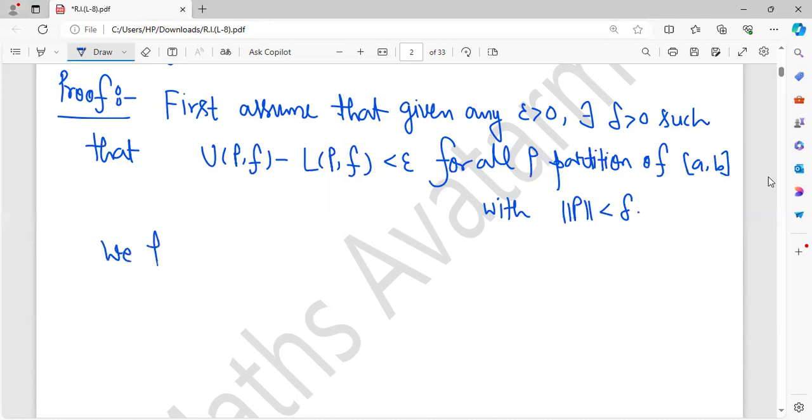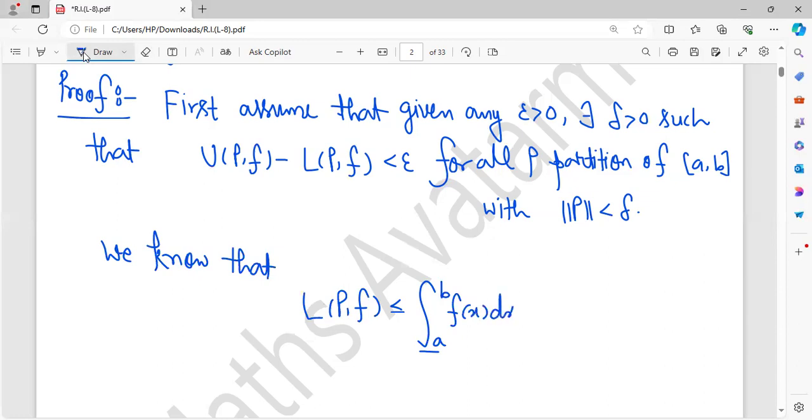We know that L(P,f) is less than or equal to the lower integral, and the lower integral is less than or equal to the upper integral.